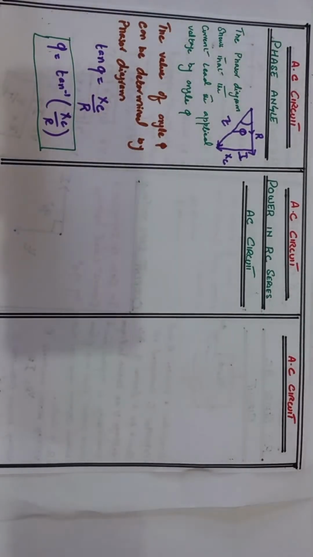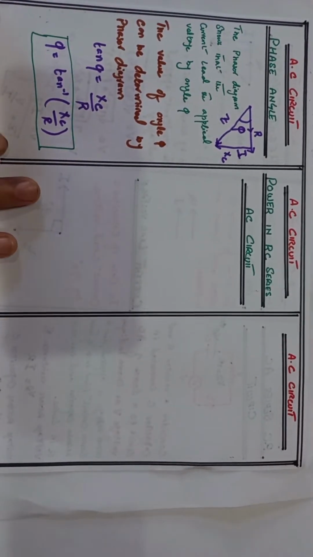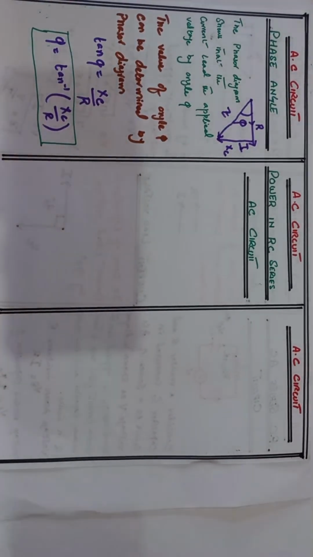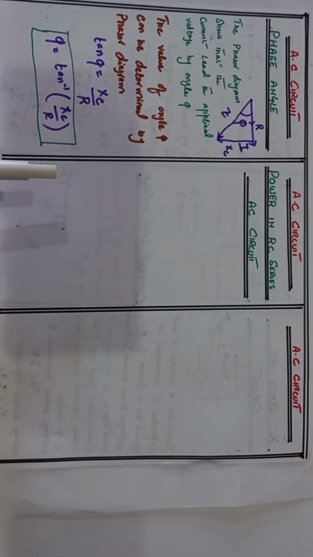Now we discuss the last topic, the power in the RC series circuit. Power in the RC series circuit is actually consumed by the resistor, not by the capacitor, because the capacitor only stores and returns energy; it does not consume power. So in the RC series circuit, only real power is used.